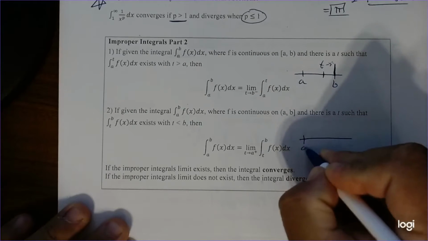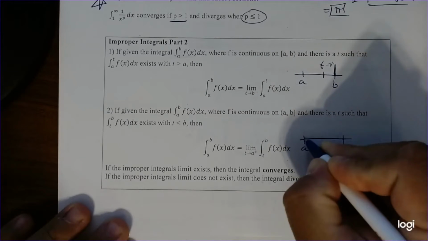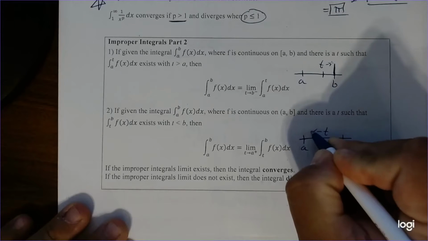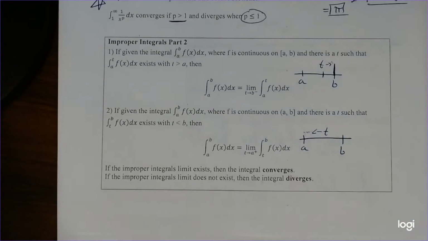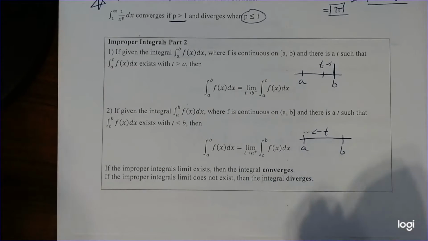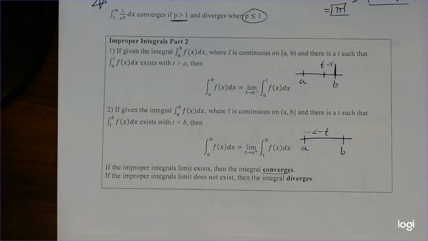Here's my a, b, so it's not continuous here. If t goes this way, it's coming from the right-hand side. That's what that plus means there. Same situation as part 1: if the integral exists and we can find it, it converges, and if we can't, it diverges.